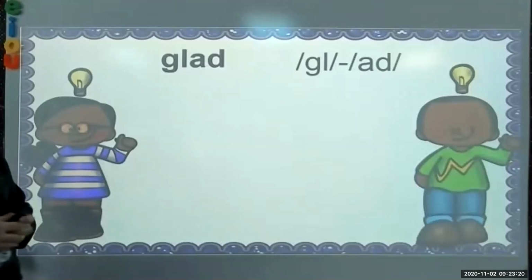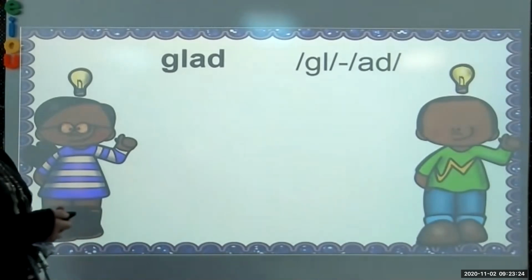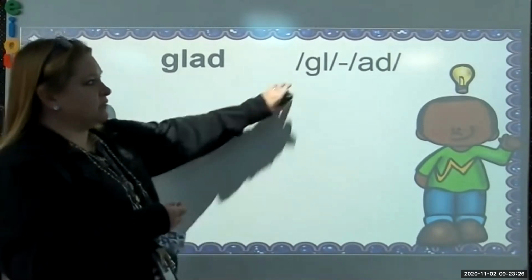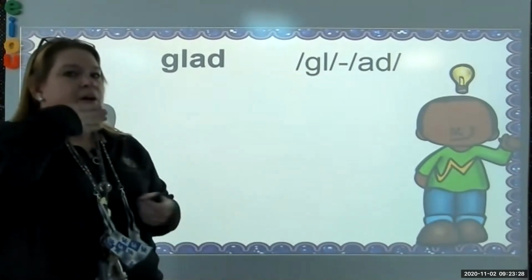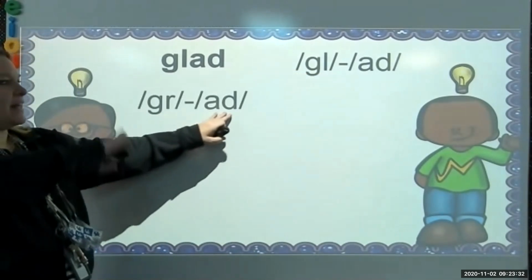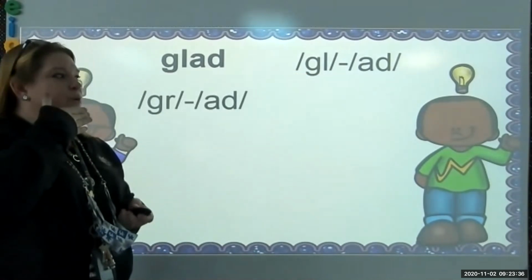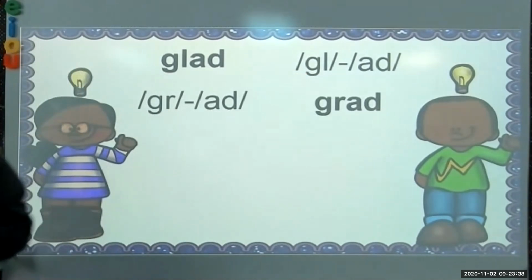But I want to take away the l sound, and I want to make it say gr. So instead of glad, it's going to say grad. So the new word on the curve is grad.